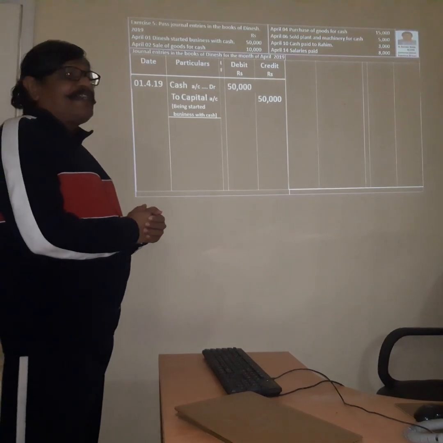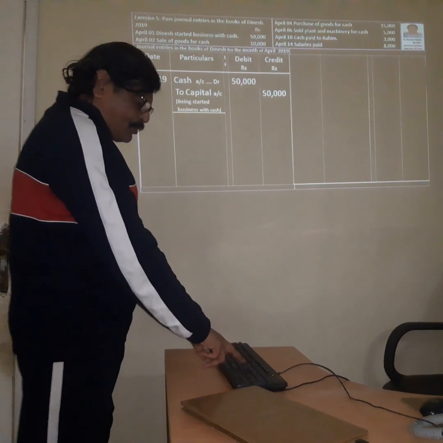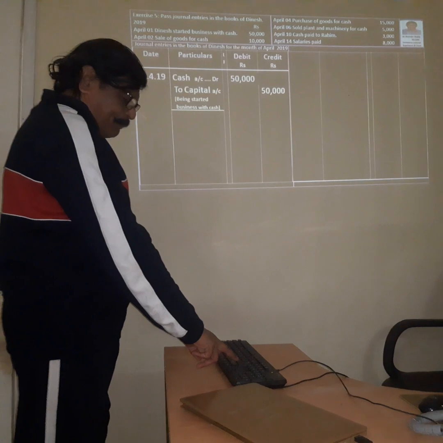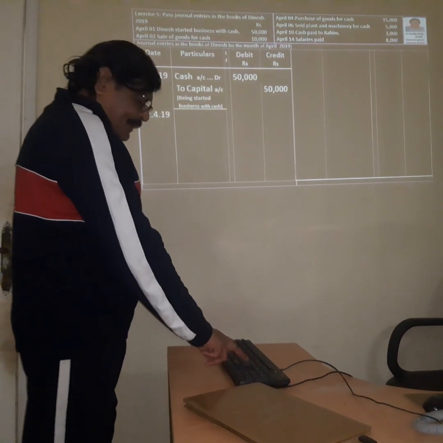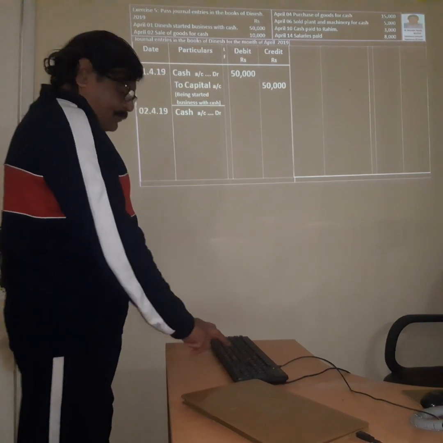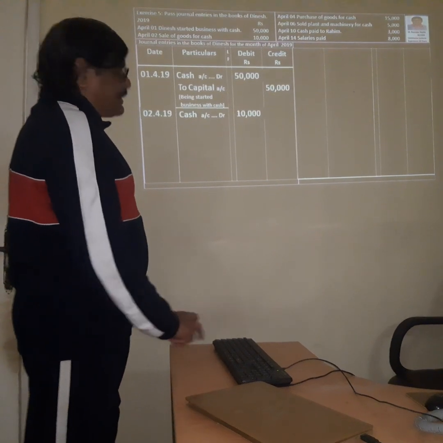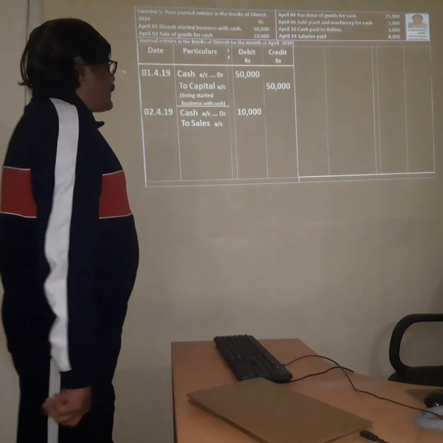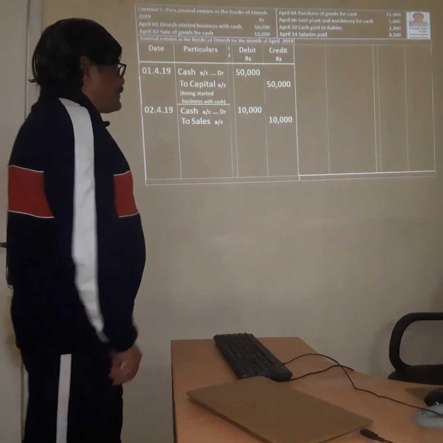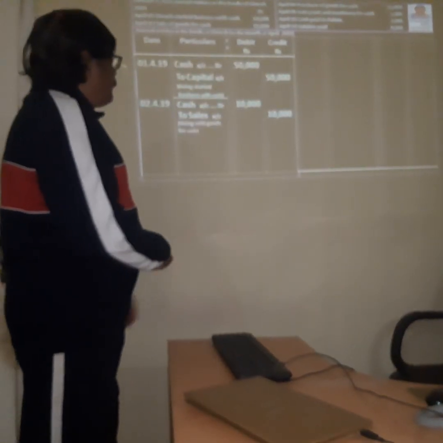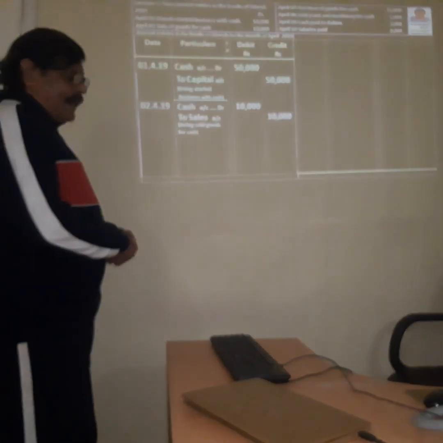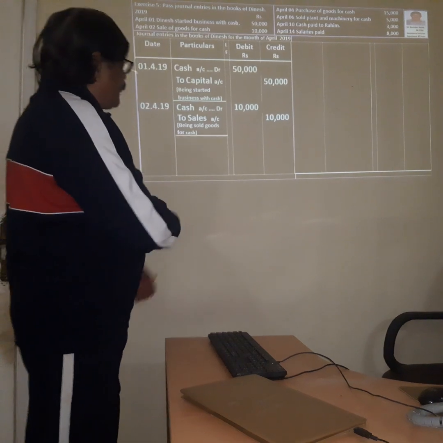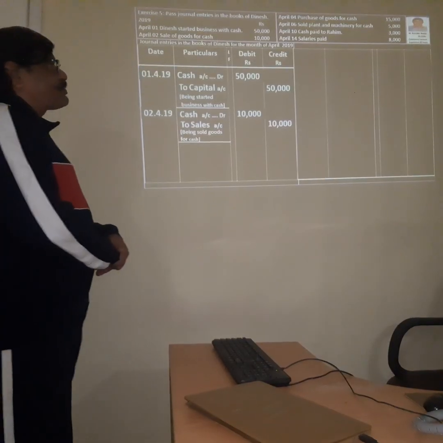The journal entry is cash account debit to sales account. On April 2nd, we write cash account debit, debit amount 10,000. Then to sales account, credit amount 10,000. Now the narration is being sold goods for cash. Then close this by drawing a line in the particulars column.